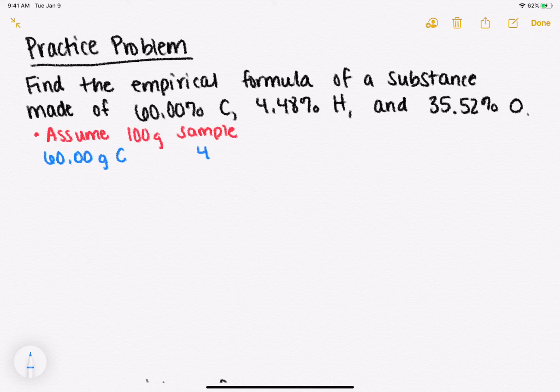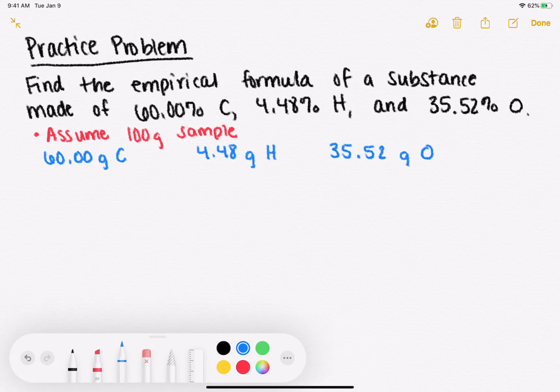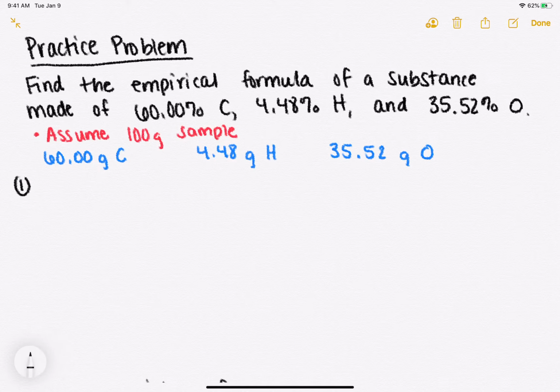We have 4.48 grams of hydrogen, and we have 35.52 grams of oxygen. So now that we're in grams, we can do our first step of converting grams to moles. So I'll label these steps to make it easier to follow. Right now we're on step 1, converting from grams to moles.